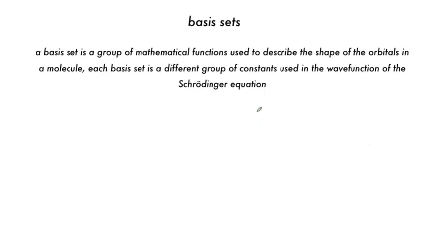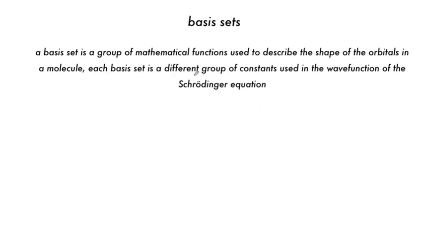Okay, so sometimes in the project, you'll also come across something called a basis set. The basis set is the way of describing the wave functions, because, as you know from wave mechanics, wave functions can be described mathematically by an equation. So a basis set is a group of mathematical functions used to describe the shape of the orbitals in a molecule, you know, the standing waves.